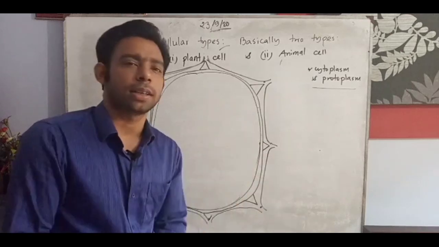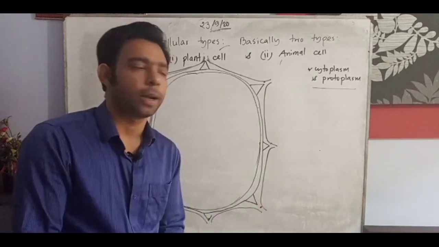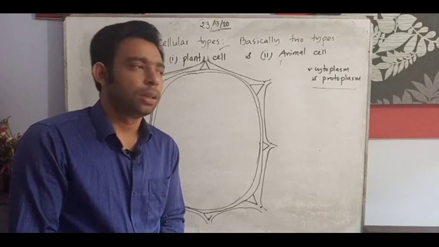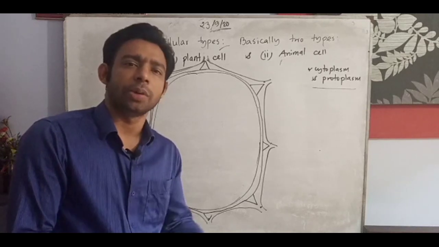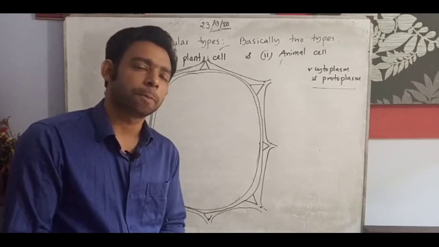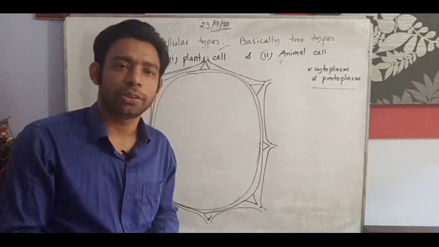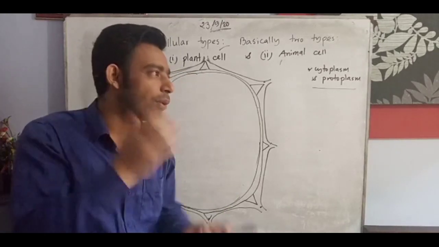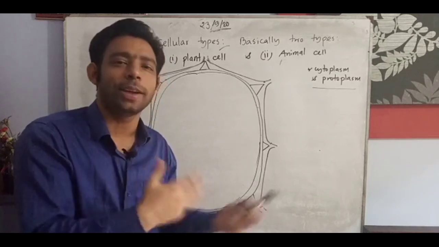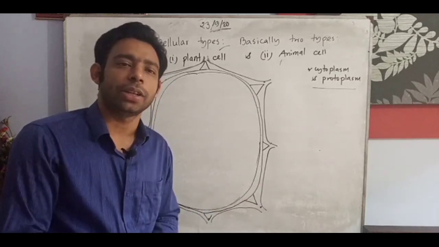Then I ask another student, tell the protoplasm. Yes sir, jelly-like substance, semi-liquid substance found inside the cell. This is just for memorizing. And I don't know actually why and how it gets a similar definition.